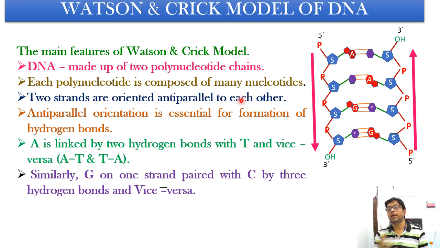Similarly, the guanine of one polynucleotide strand is paired with cytosine of the opposite strand with three hydrogen bonds, and vice versa. This type of pairing is called complementary base pairing.